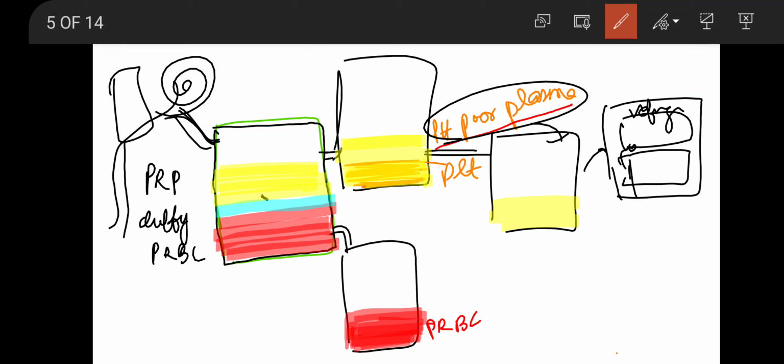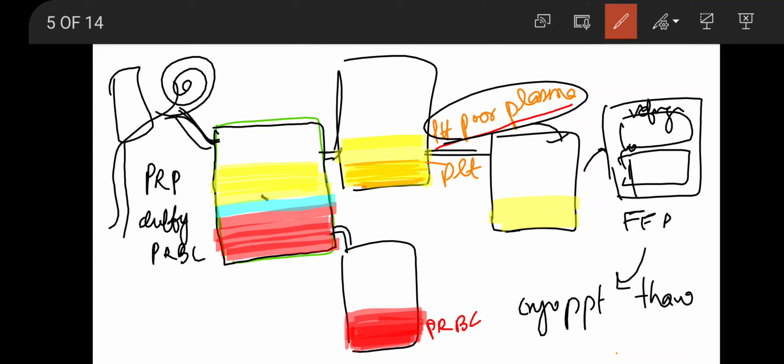So when you keep this inside, that is actually fresh frozen plasma. After keeping this platelet poor plasma in the refrigerator, when you take it, it is called fresh frozen plasma. You can take it out and put it at room temperature. That is called thawing. Then what you get is called cryoprecipitate.